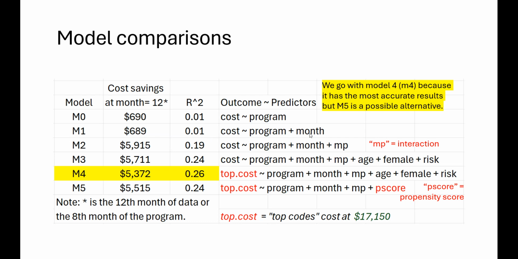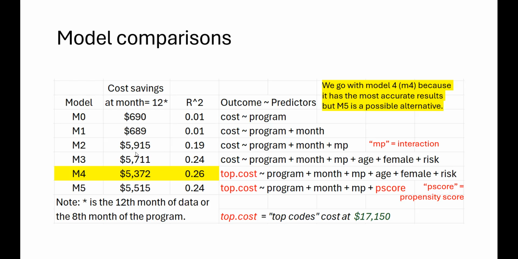I add in the month variable because we've talked to our staff and they say the real impact's going to happen later on. We believe the progress to be more incremental. But even then we see that saving is $689. So we go ahead and use that interaction, and there's a big change.